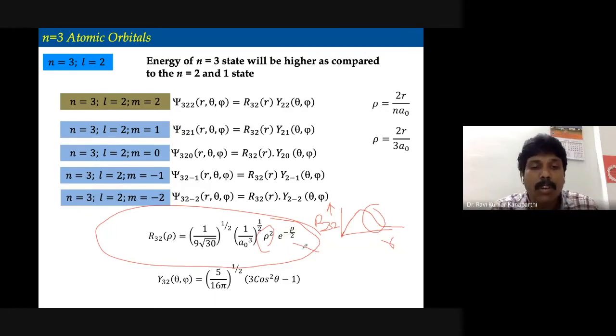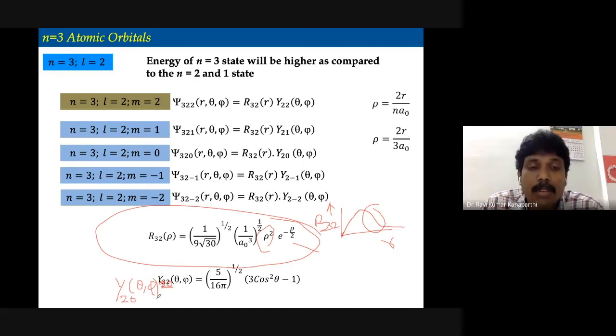What is more interesting for us is basically this Y part. I think I have made a mistake. Well, no problem, I can manage it. This is essentially Y20, not Y32. I think while copying I made a mistake. So this quantity is essentially Y20 of theta and phi. When L is equal to 2, m can vary from 2 to minus 2, so in between m can be 0.